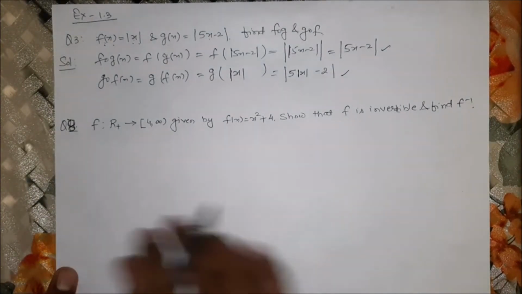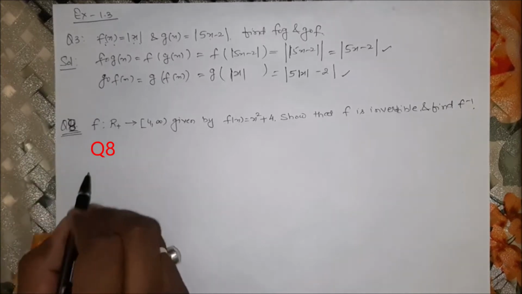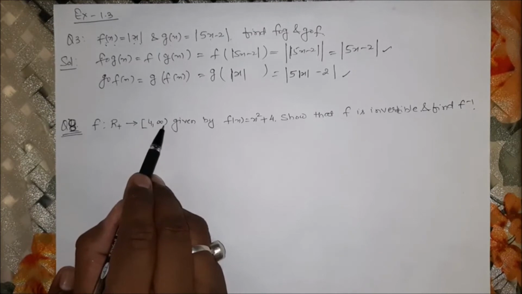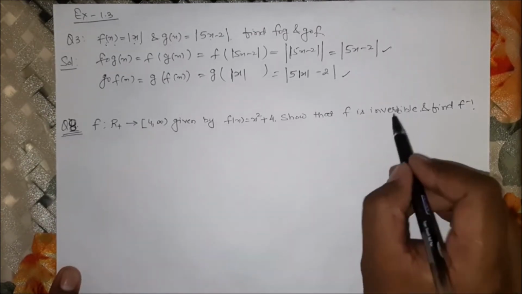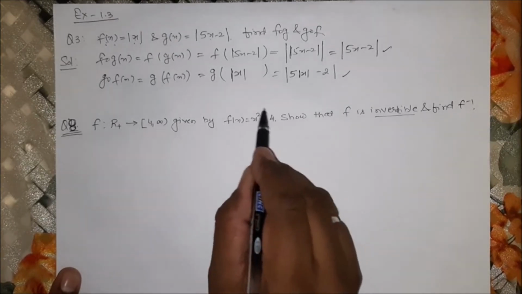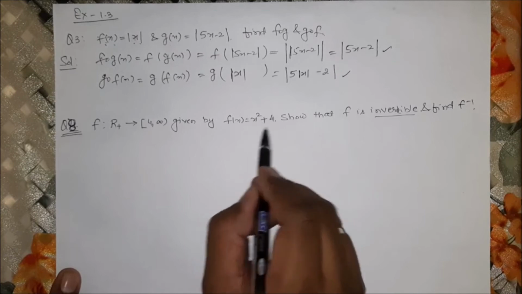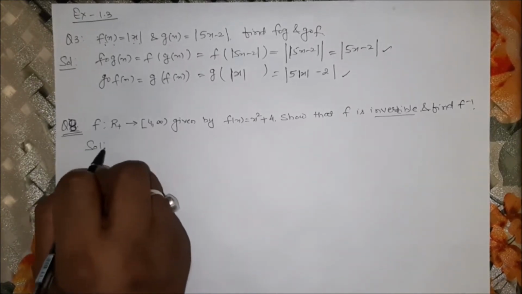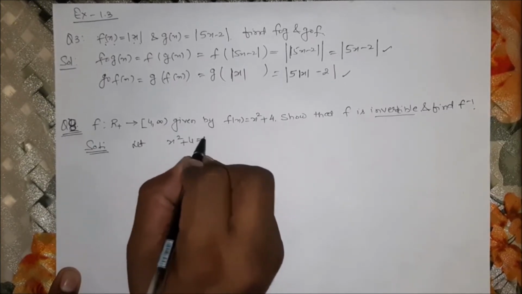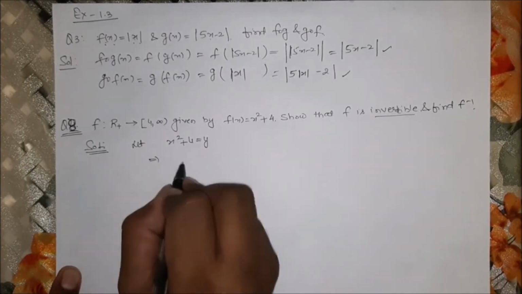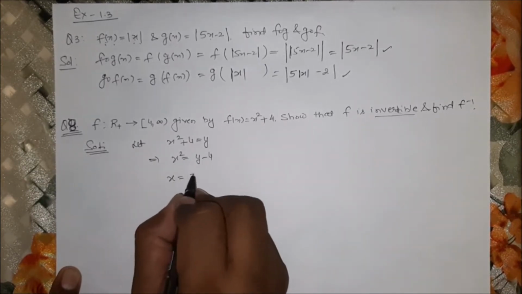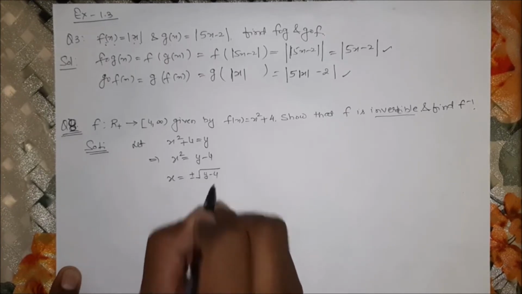Okay, see one more question. This is question number 8. The function is defined from positive real numbers to 4 to infinity, given by x square plus 4. We need to show this is invertible. First of all, consider the given value equal to y. Let x square plus 4 equal y, which implies x square is equal to y minus 4, x is equal to plus minus root y minus 4.